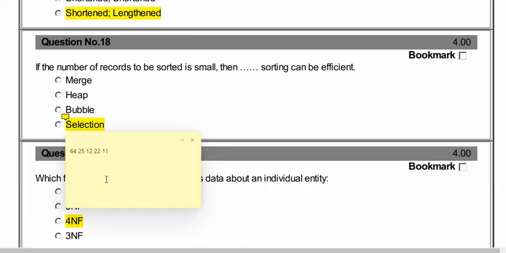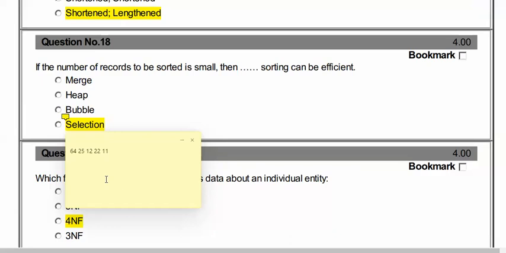For example, if the array for sorting is 64, 25, 12, 22, 11, then in the first iteration of the sort, the first element, that is 64, is selected and checked with 25, which is the smaller one. So both 64 and 25 will be swapped, and then 25 is checked with 12, then swapped.